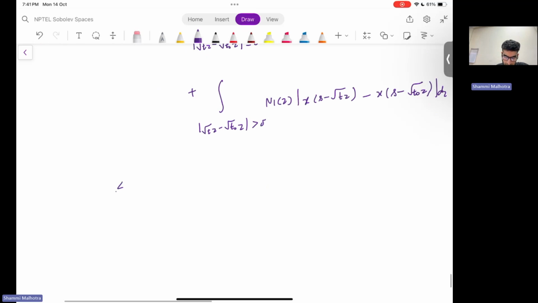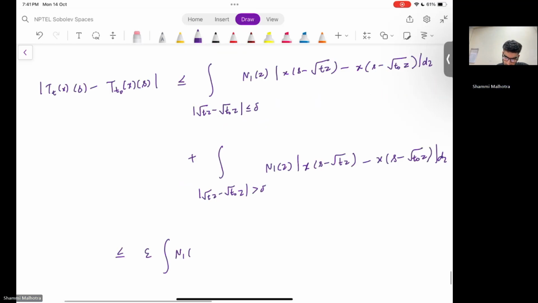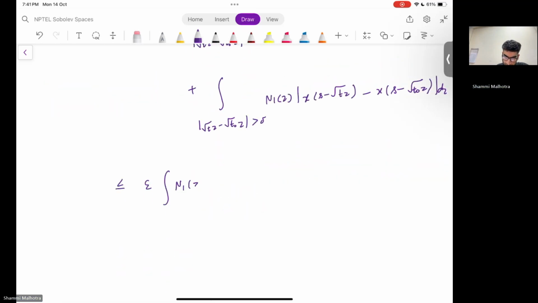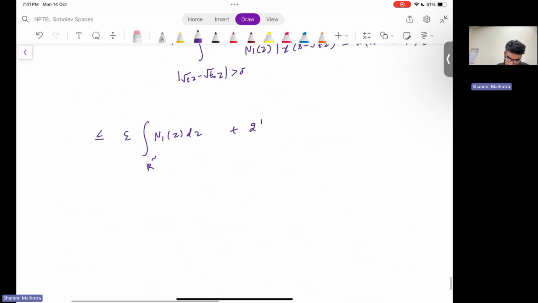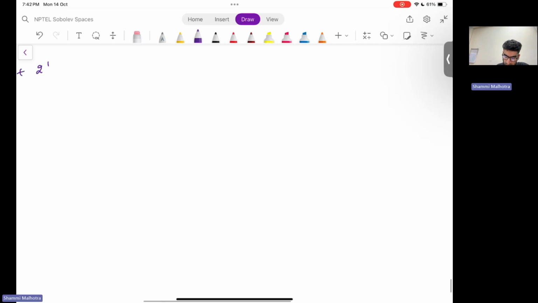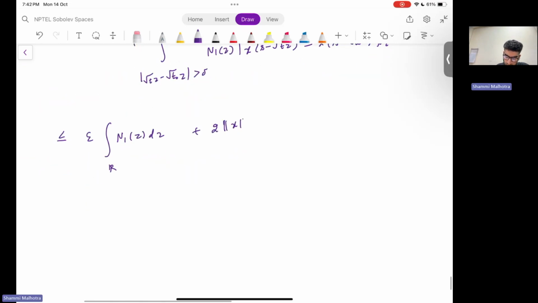We can use the uniform continuity in the first integral, so we get epsilon times the integral of n_1(z) dz, and we can take the integration on all of R only, plus 2 times the uniform bound of x, since it is bounded, times the integral over the region where the modulus of root t z minus root t naught z is greater than delta of n_1(z) dz.